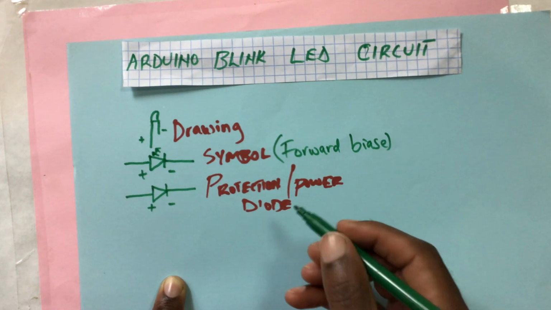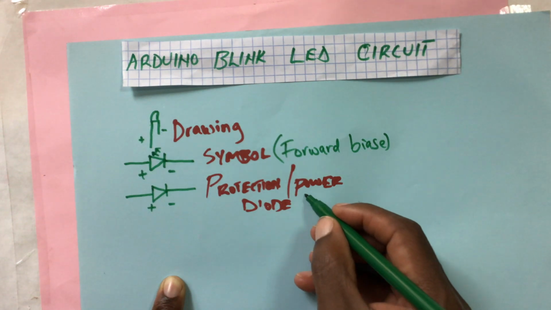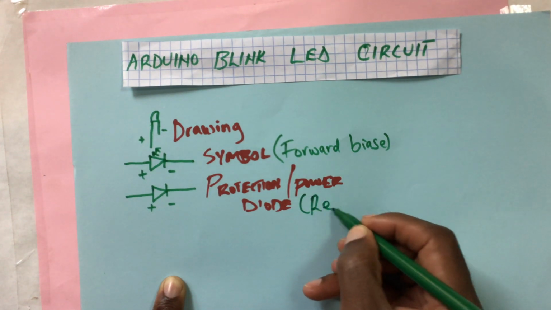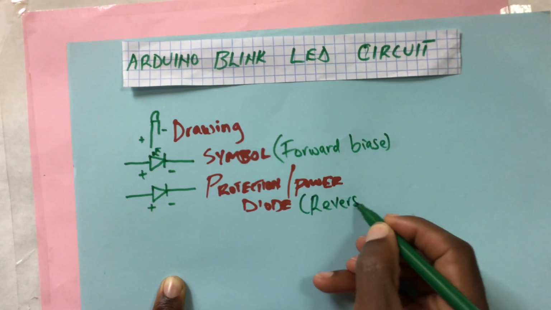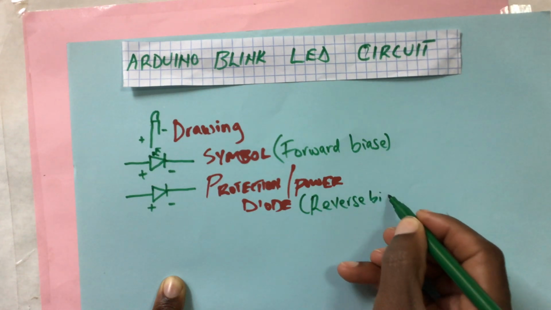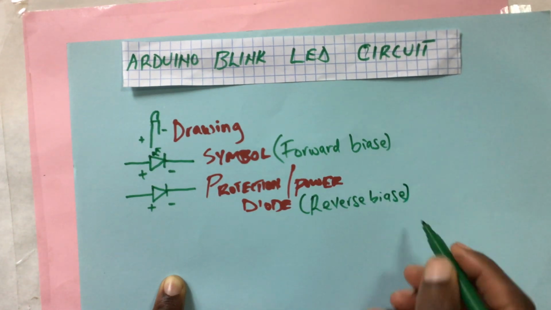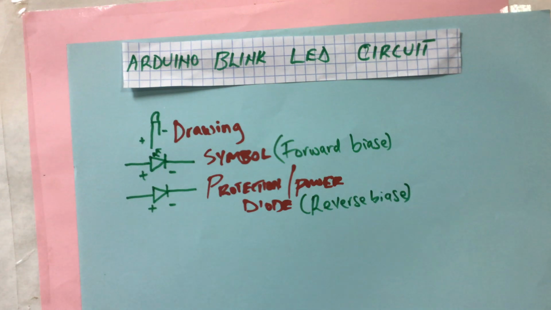We don't want it to be blown apart. So that is called reverse bias in electronics. If you hear anyone mention those things, just know those are the terms being used.